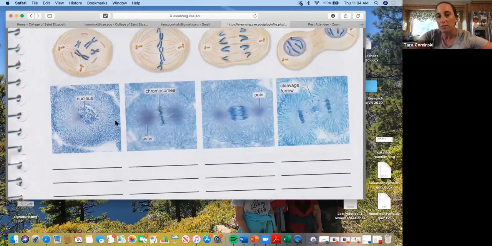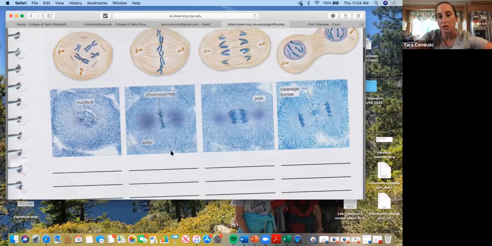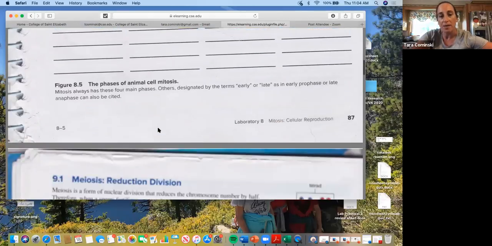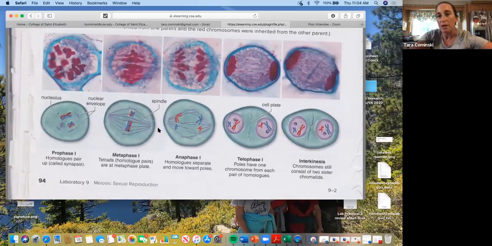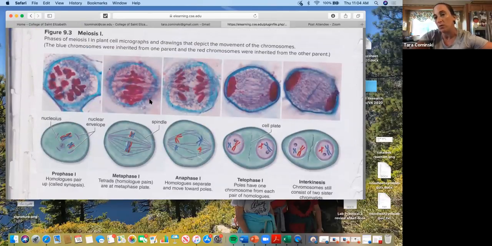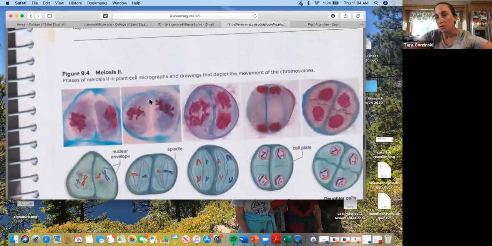It would be being able to identify the different stages of mitosis from pictures like this. Remember, this is a whitefish blastula. I'll pull pictures very similar to these. And then for meiosis, being able to identify the different stages of both meiosis 1 and meiosis 2.